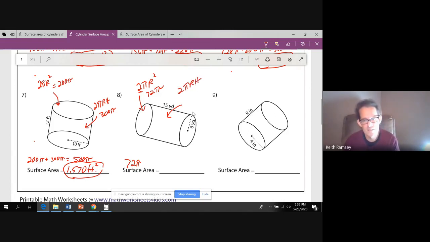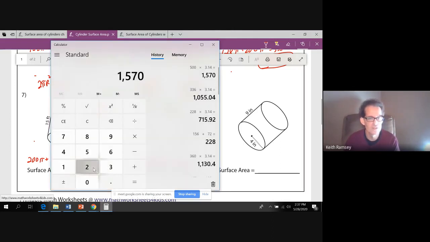So my radius is 6 times a height of 15 is going to be 90 times 2 is 180 pi. So 72 plus 180 pi is going to equal, let's see, it looks like 252 pi. And let's find out what that is.